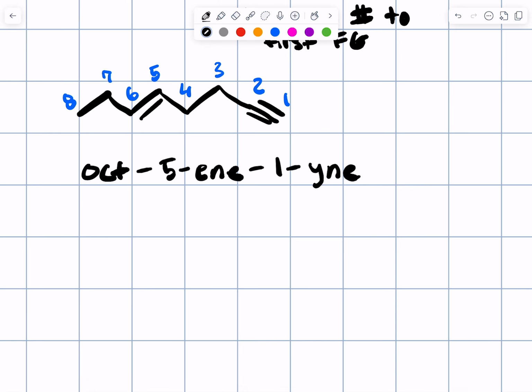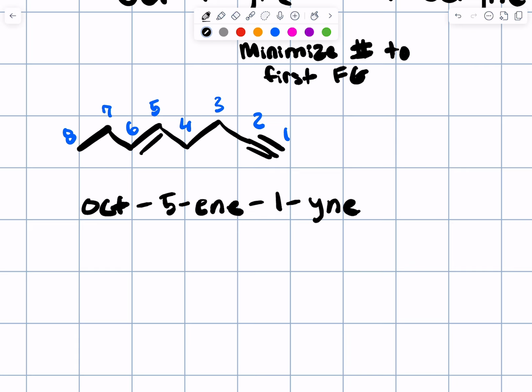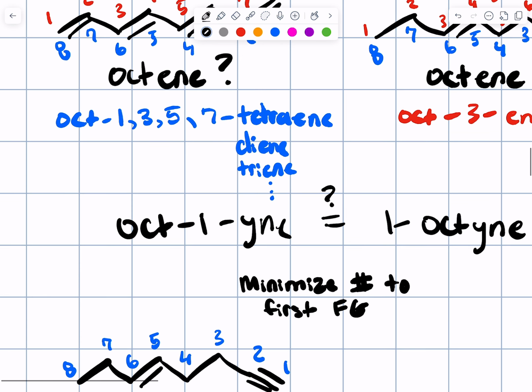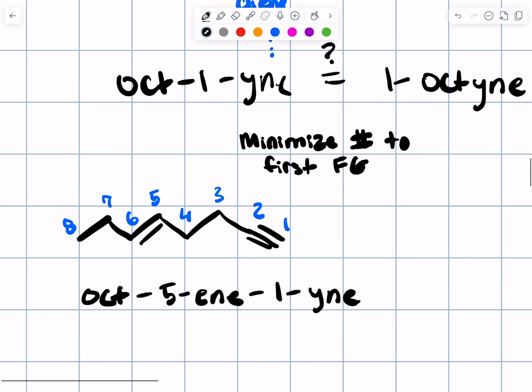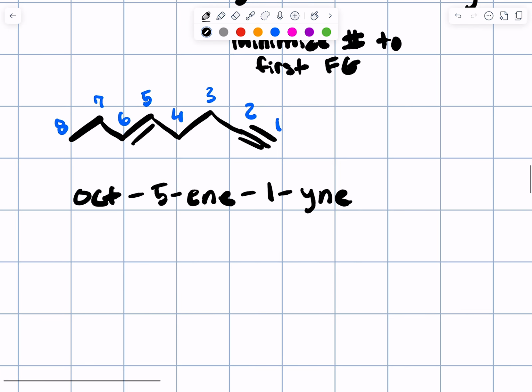That's a good way to put it. So every time I'm switching from letters to numbers, I'll use a dash, or when I see functional groups. And anytime that I'm listing numbers, I'll use commas, like what we saw above in the octa-1,3,5,7-tetraene. So that's how we name that, oct-5-ene-1-yne.